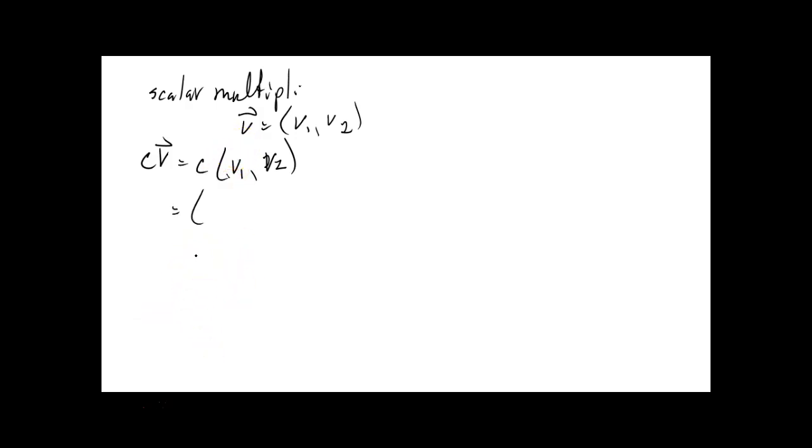It's sort of like you're distributing the c across both components. That's ⟨cv1, cv2⟩. You have to multiply both components in the parentheses by the scalar number c that's outside the parentheses.